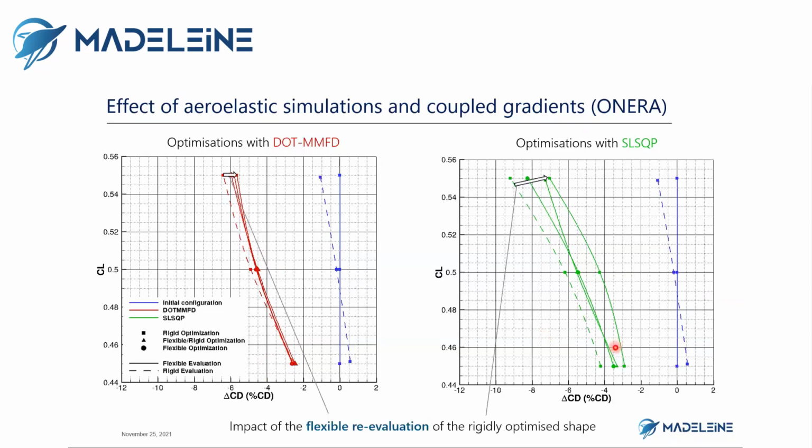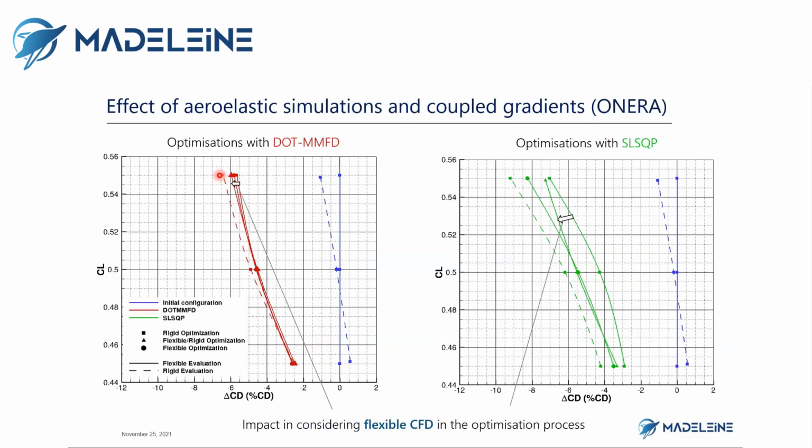If we look now in deeper detail at the impact of the flexibilization, in dashed line you have the rigid optimization, but for a fair comparison you need to recompute the optimized rigid shape using CFD CSM coupled computation, and this is done to ensure consistency between the results. And we see that whatever the strategy, we get a slight decrease of the drag. So this already shows that it's beneficial to consider flexibility in the optimization.